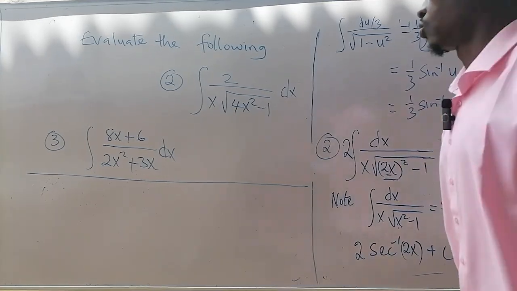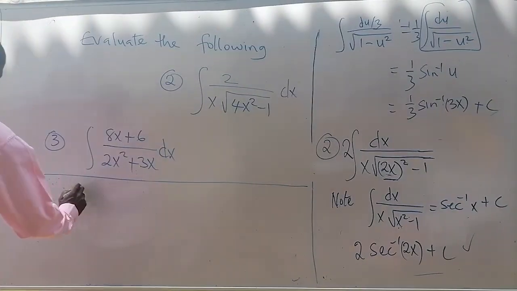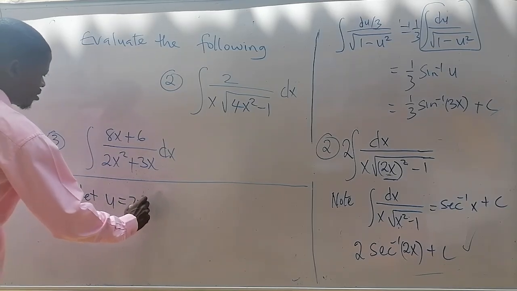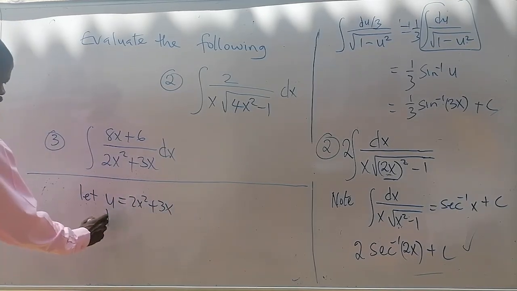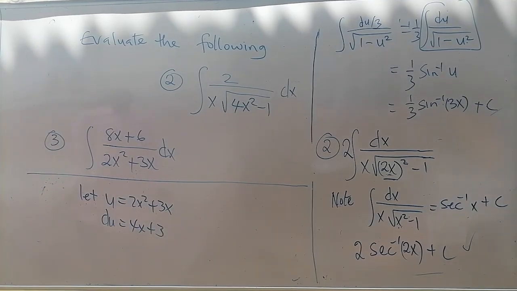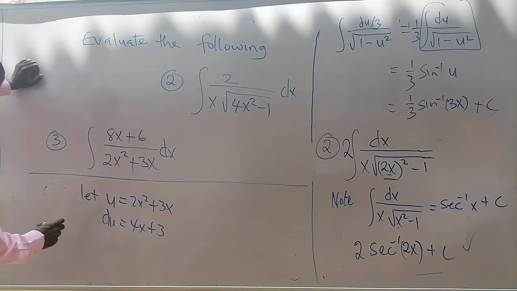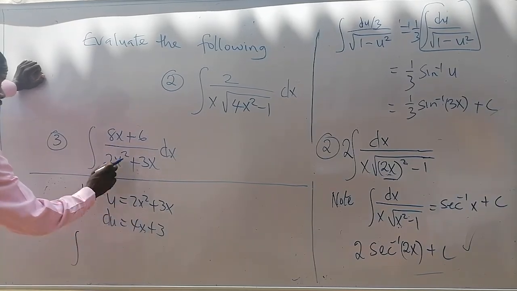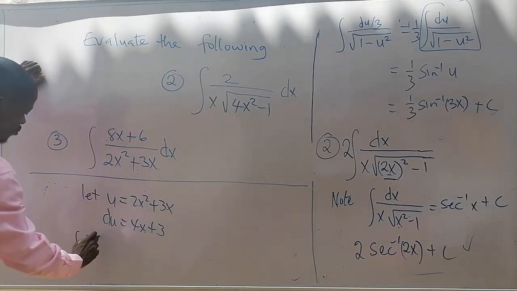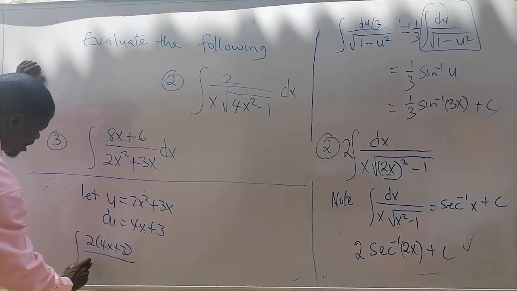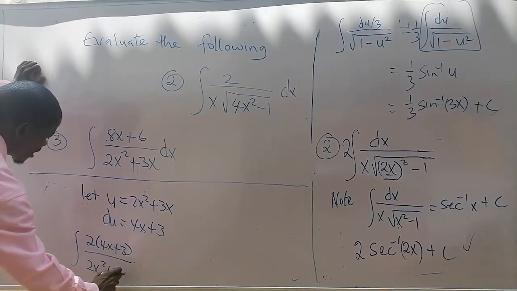Then the third one, let u be equal to this one plus 3. Then du is equal to 4x plus 3. Go back to your question. We want to make this one to be 4x plus 3. 2 is common here, so 2 into bracket 4x plus 3 all over 2x squared plus 3x.